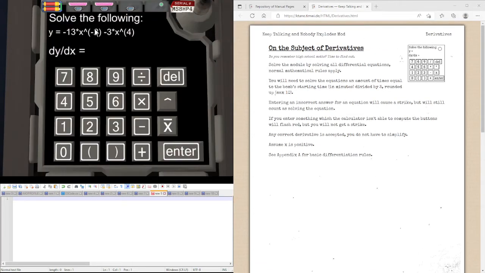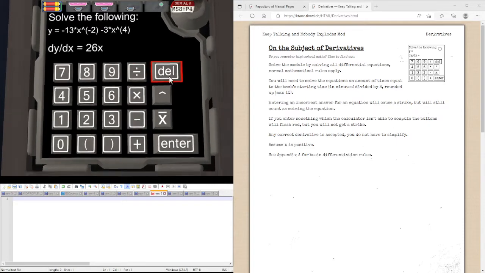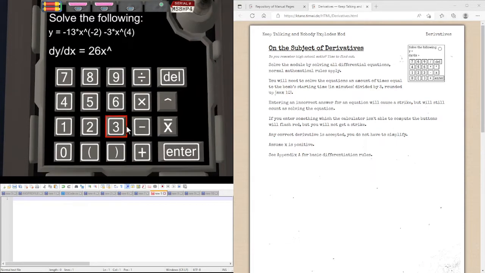So, minus 2 times minus 13 is positive 26. So we put 26. And then we don't actually have to put the star here, this is just for consistency. So x. And then subtracting 1 from minus 2 is minus 3, so it's going to be x to the power of, I'm going to put the brackets here, to the power of minus 3.